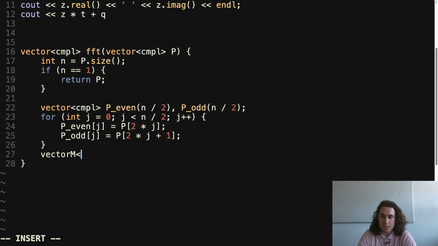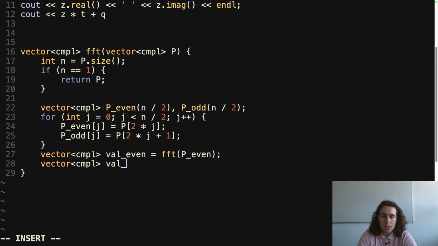So we call vector of complex numbers val even. When n is not even, again, this never happens. I always think that n is even. For that, before I call the function, I make sure that the size of p is a power of 2. If it's not a power of 2, I can just add 0 coefficients at the end. Val even is FFT of p even, and val odd is FFT of p odd.